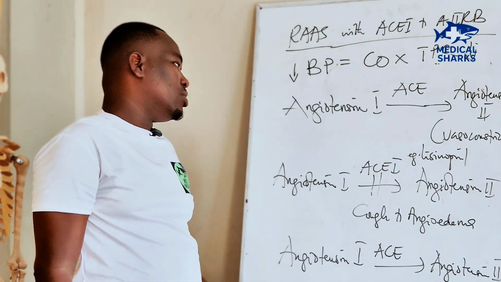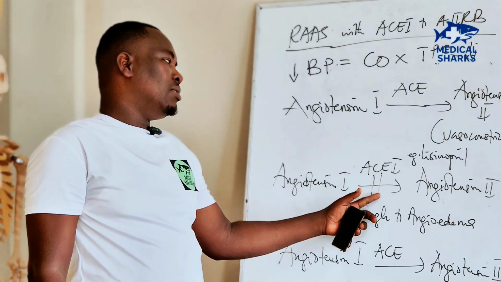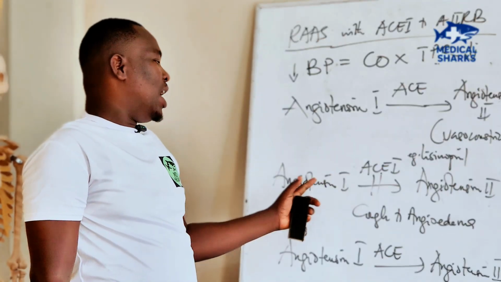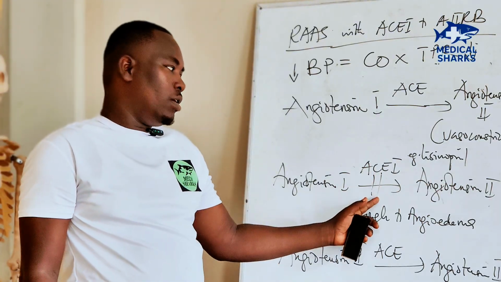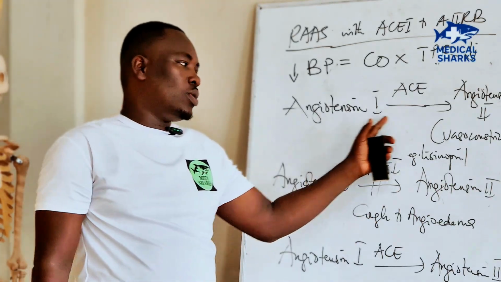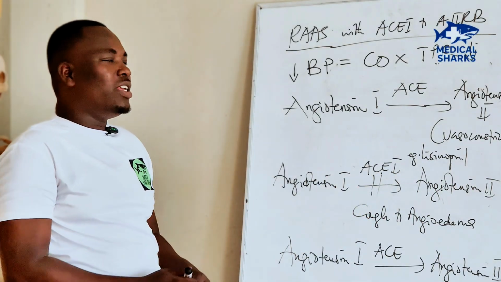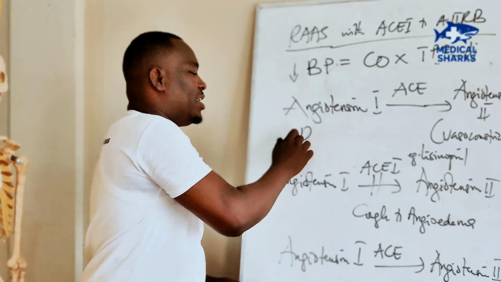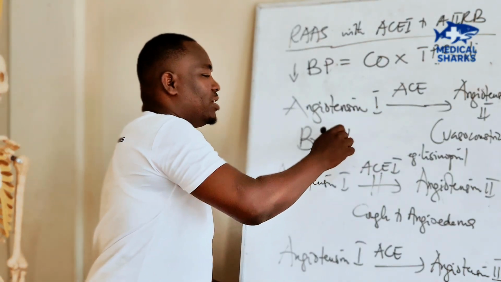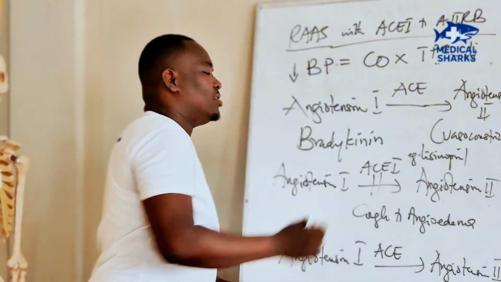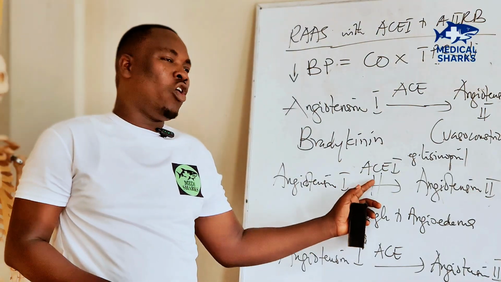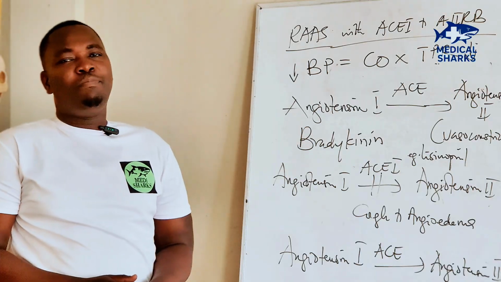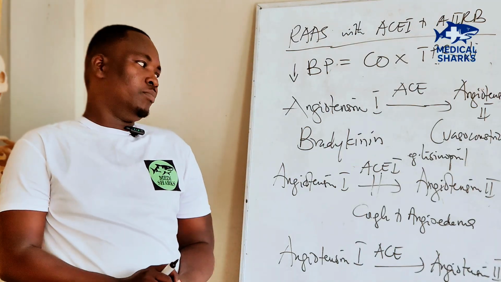Since you are blocking angiotensin I converting to angiotensin II, you have blocked the pathway for that conversion. There is accumulation of what we call bradykinin. So accumulation of bradykinin is the cause of the cough in patients that are on lisinopril.